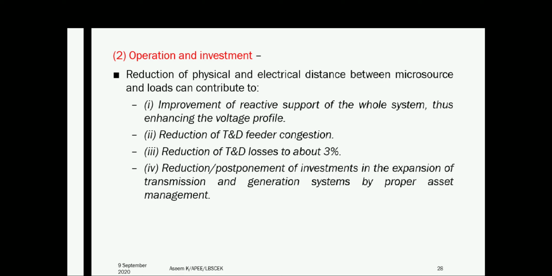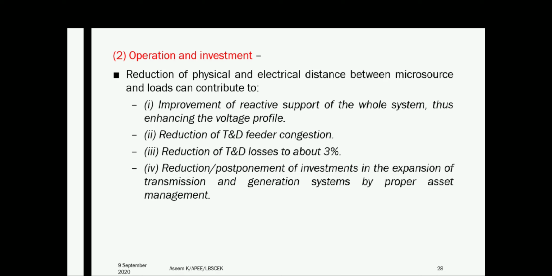Actually, you know that distributed energy resources are mostly located at the consumer end. So a lengthy transmission line or distribution line is not required. So T&D losses, transmission and distribution losses, are very less compared with the conventional power system. The reduction is about 3% compared to the conventional power system.